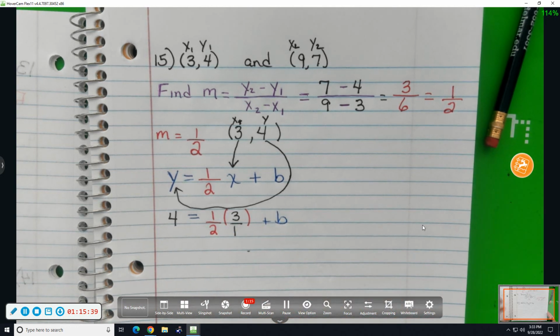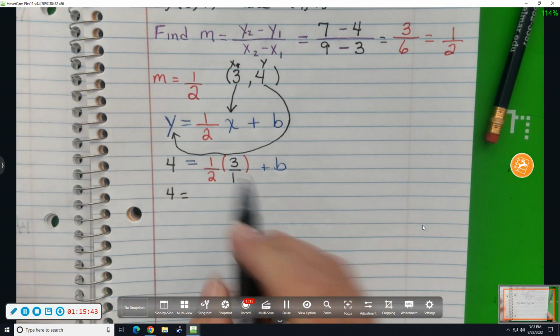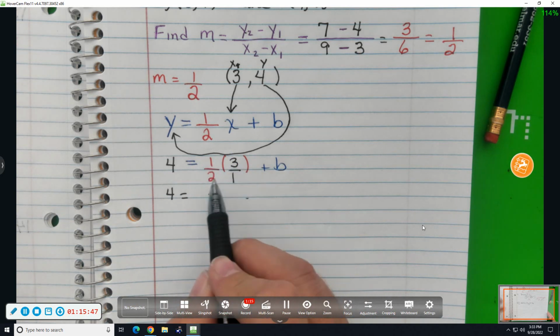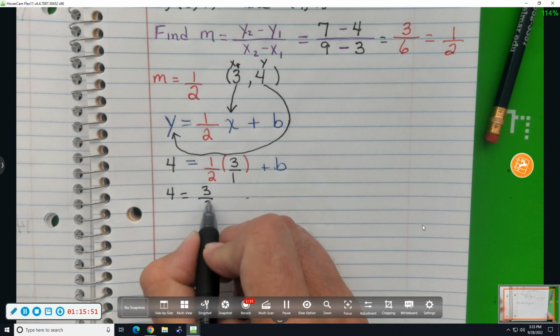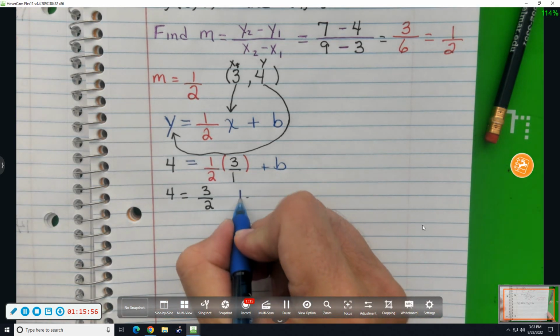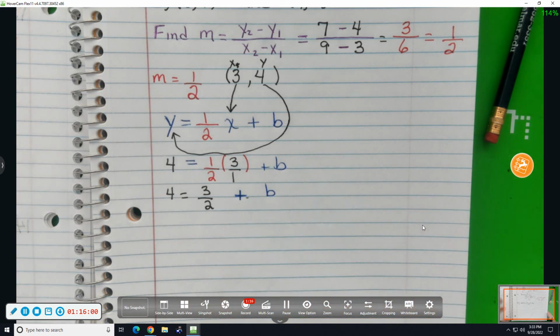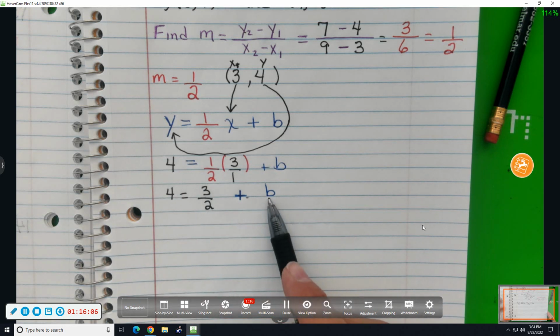So, moving up a little. What's 1 over 2 times 3 over 1? It's going to be a 3 over 2 plus b. If you want to work with the fractions, you can just move the 3 over 2 over to solve for b.